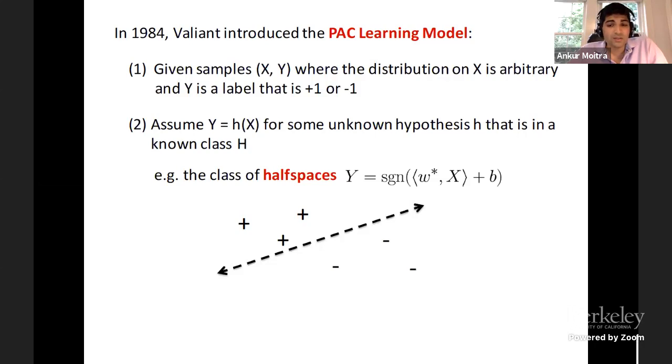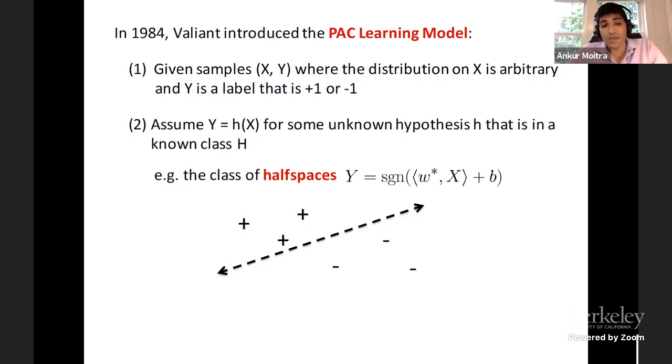So there's an unknown vector w star and there's potentially an offset b. And now when you're given a high dimensional vector x, you take the inner product between w star and x and you add the offset b, and then you take the sign. So you output +1 if it's positive, -1 if it's negative. And you can figure out what to do if it's 0. You could just say you output +1 in that case.